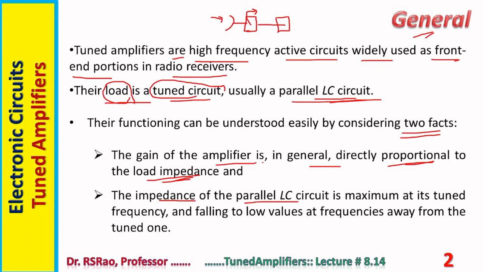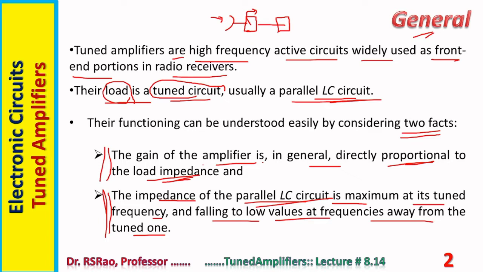The impedance of a parallel LC circuit is maximum at its tuned frequency and falls to low values at frequencies away from the tuned one. This is the property of a parallel LC circuit. That was the property of an amplifier circuit.